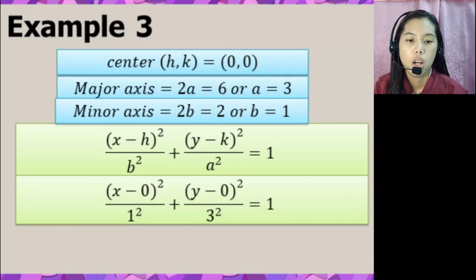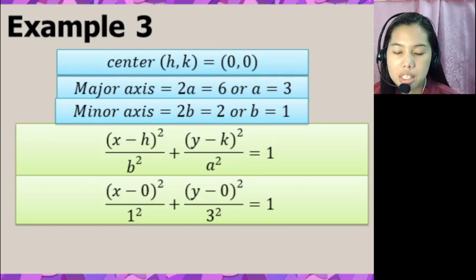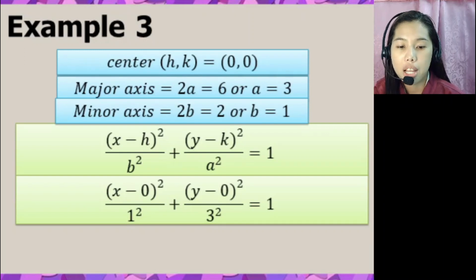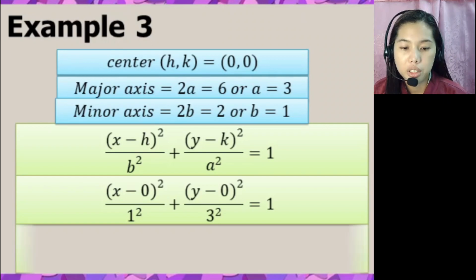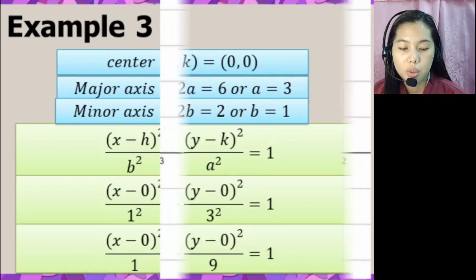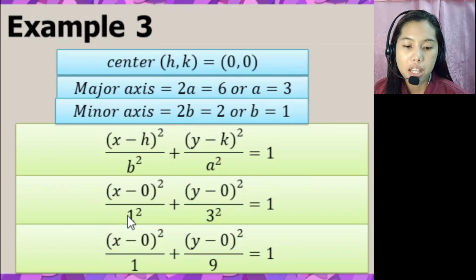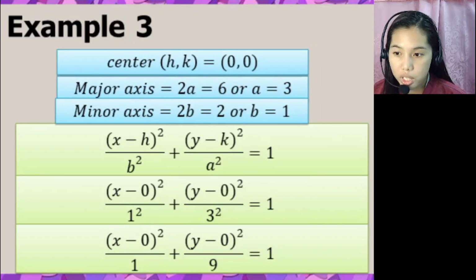So our equation then is (x minus 0) squared all over 1 squared plus (y minus 0) squared all over 3 squared equals 1. So simplifying, you will now have x squared over 1 plus y squared over 9 equals 1. So this is the equation of example number 3.